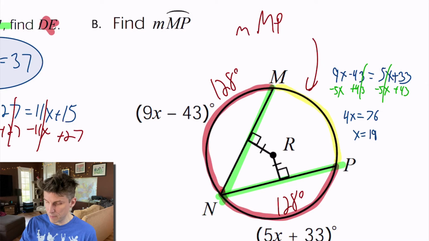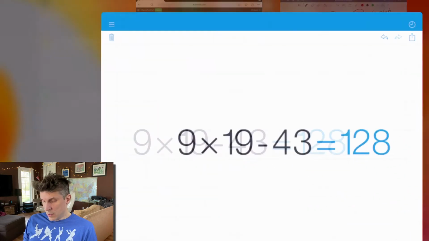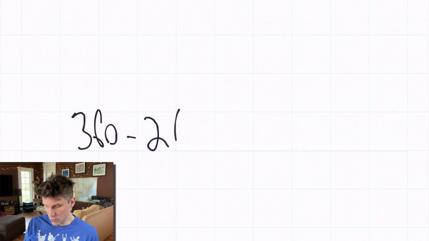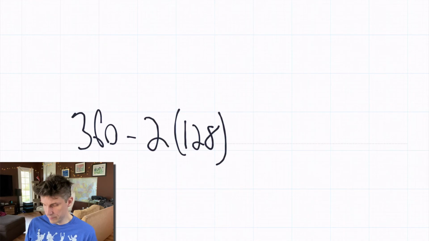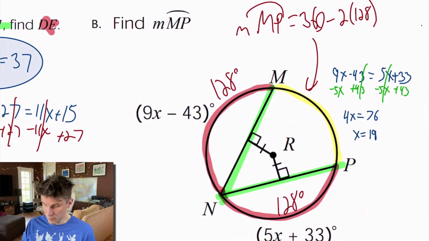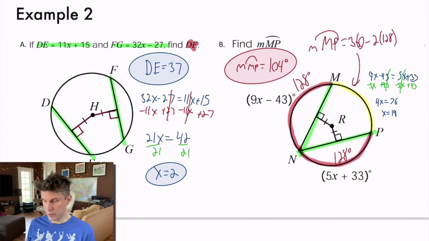The measure of arc MP is going to equal 360 minus 2 times 128, which is 104. So the measure of arc MP equals 104 degrees. Okay, that was fun.